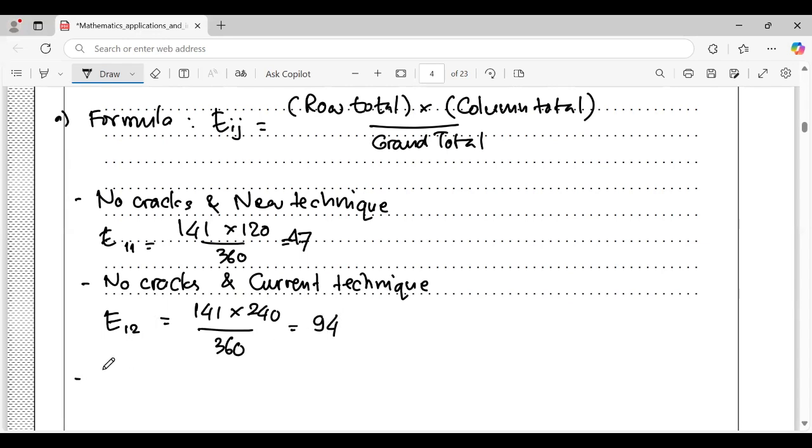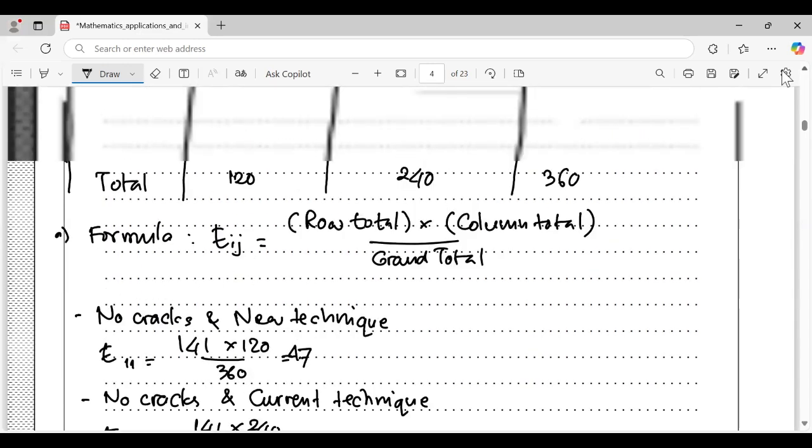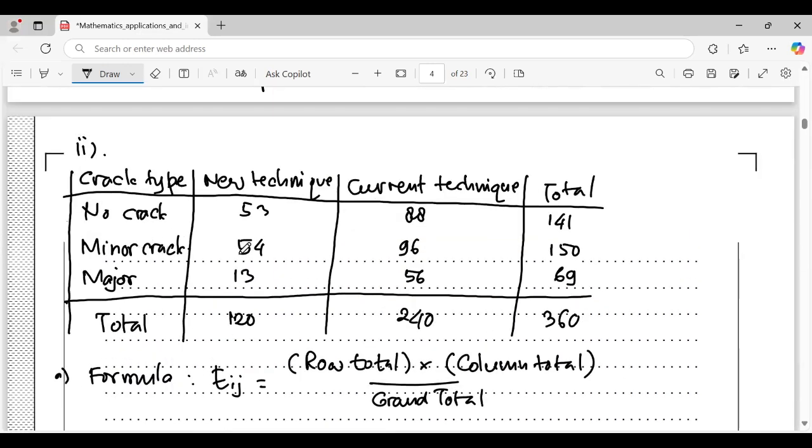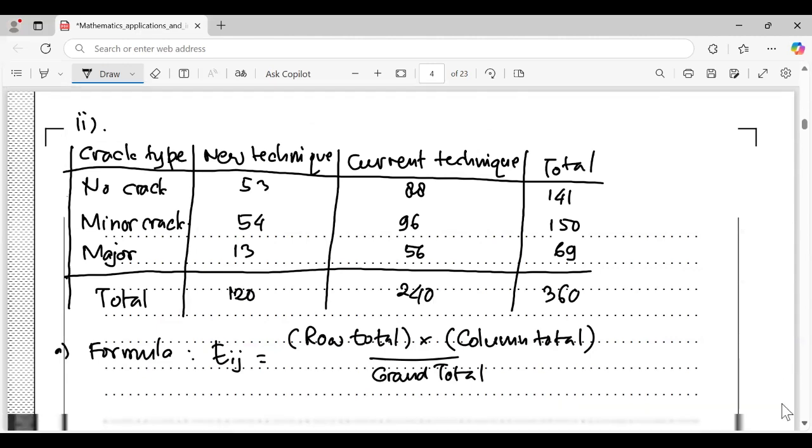And the next, minor cracks and new technique. Minor cracks total is 150, new technique 120.